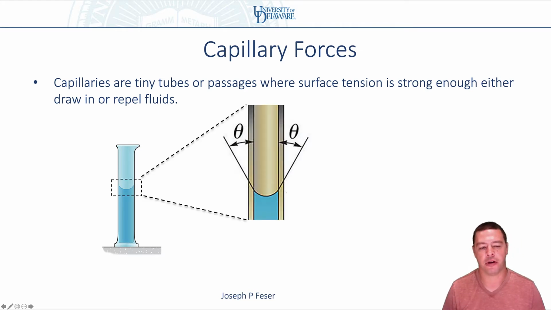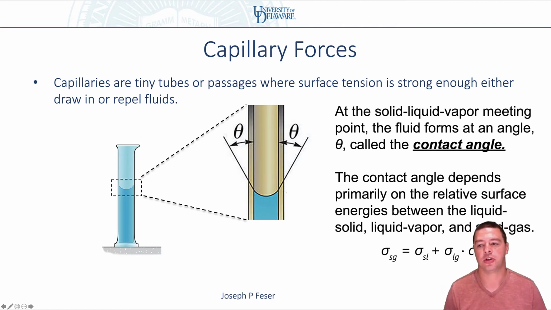So if you have a situation where liquid is in contact with a solid and air, or any other gas really, if you zoom in really close to where the three of those phases touch each other, what you'll see is that the liquid always comes in at a particular angle with respect to the solid.